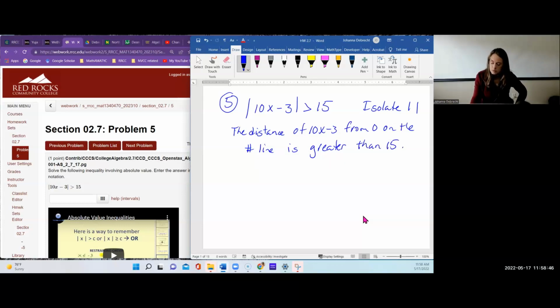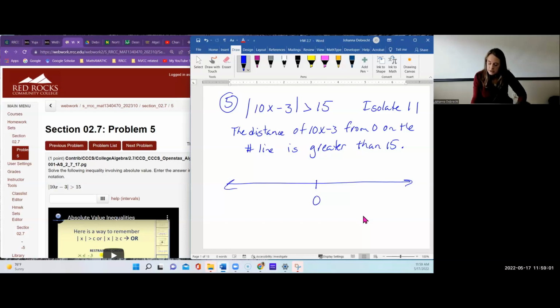Well, what does that mean? We've interpreted in terms of words, but what does it mean in terms of a picture on the number line? Let's put the number line up and let's take a look at what it looks like. Put 0 in for a reference.